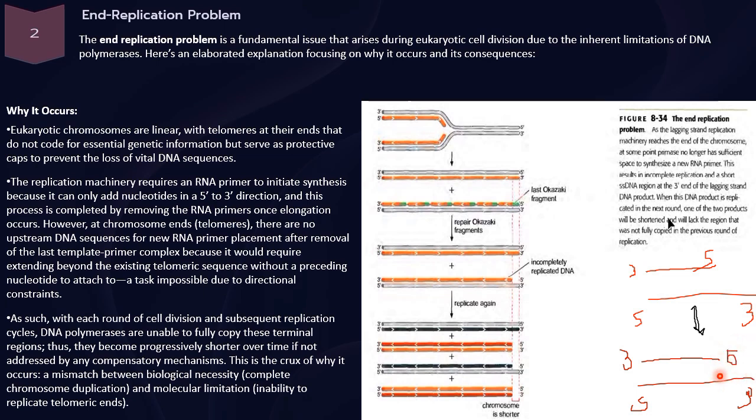Thus, after subsequent DNA replication of this specific strand, the chromosome will start to get shortened and continues to get shorter after each subsequent replication or cell division.